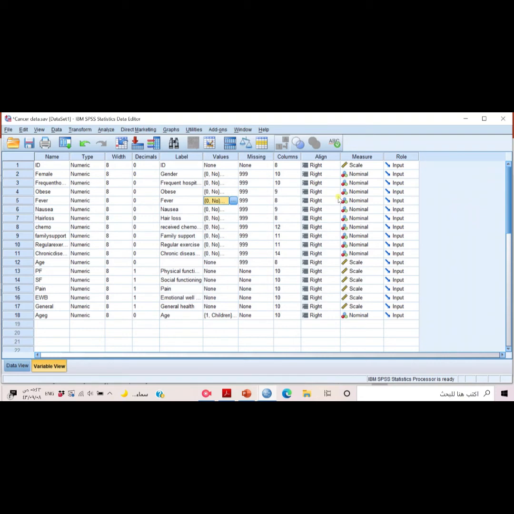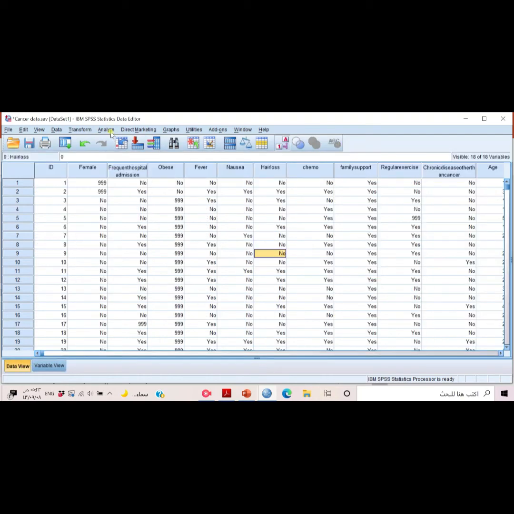Then I will check the assumptions for the linear regression. For linear regression, my response or outcome should be normally distributed, so I will check. In this case, let's say I'm looking at physical function. What's the predictor for physical function?